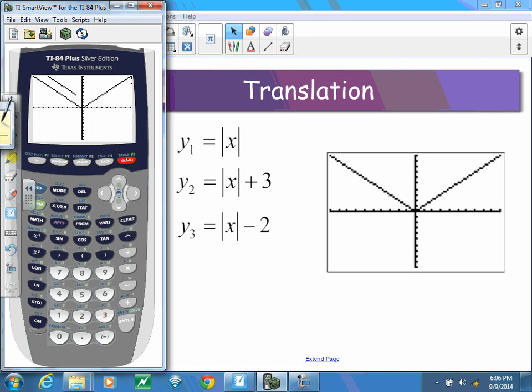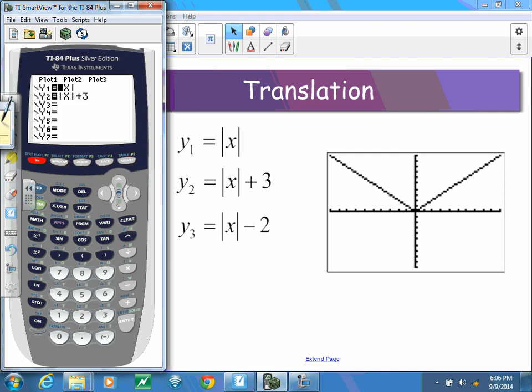So once I graph this, what you'll notice here is that I have the exact same V shape, but it's being moved up. And the vertex of our graph, which started at 0, 0, is now moved up to 0, 3. So by adding 3 here, what I'm doing is I'm moving my graph up 3 units.